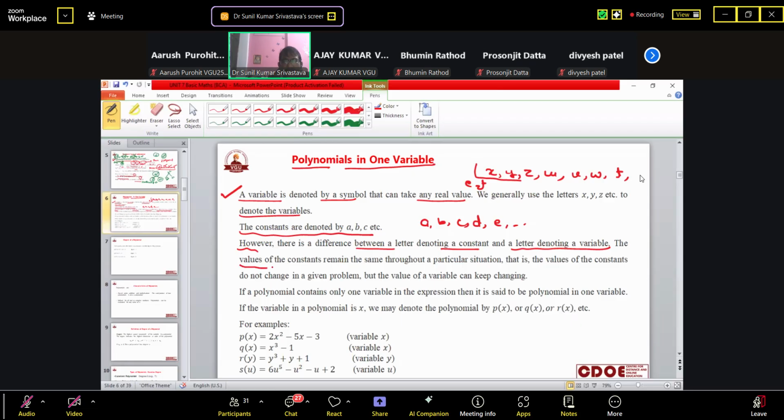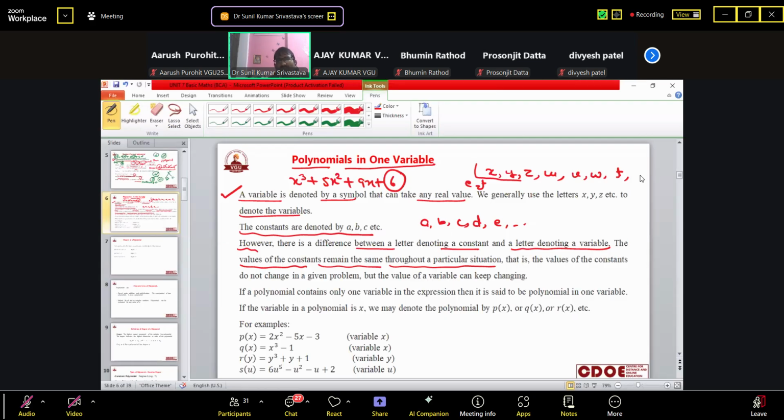The values of the constants remain the same throughout a particular situation. Suppose the expression is written here: x cube plus 5x square plus 9x plus 6. Here 6 is the constant. Its value remains the same throughout the solution of the problem.